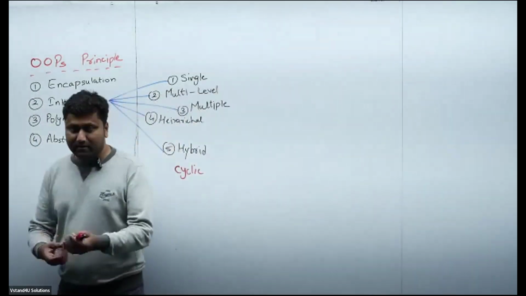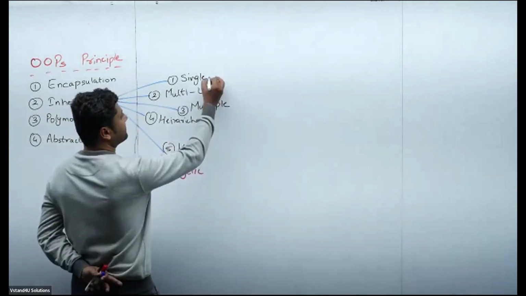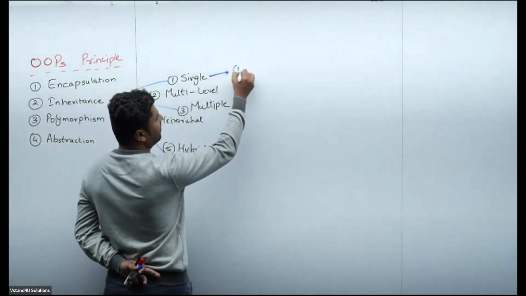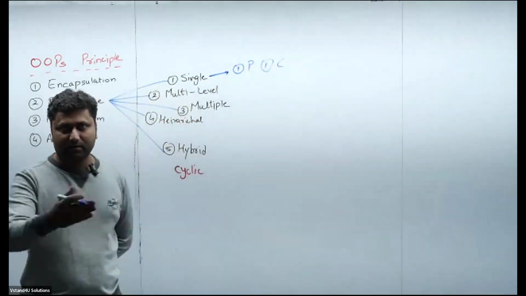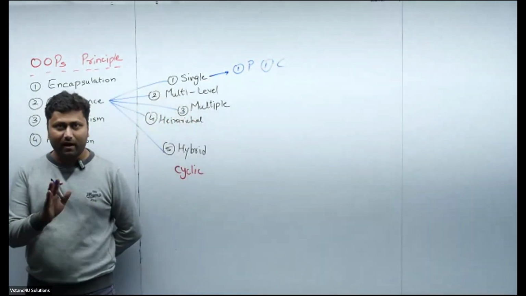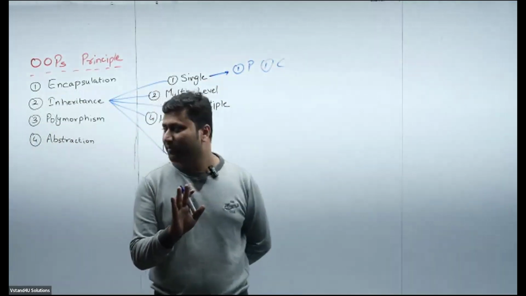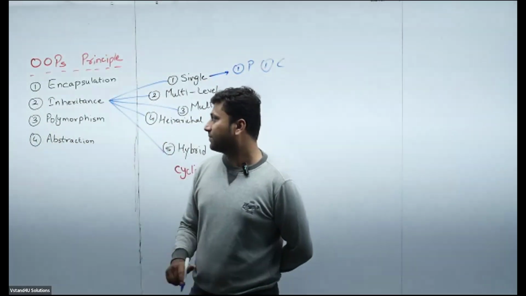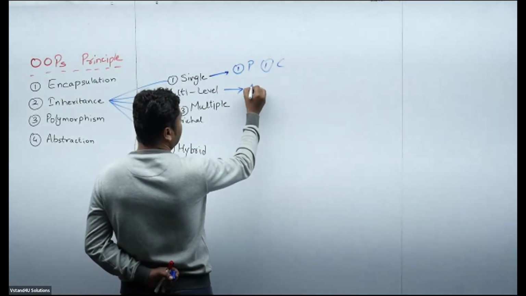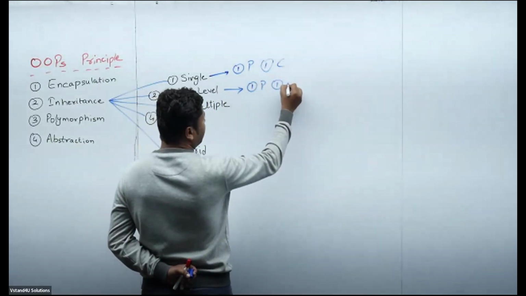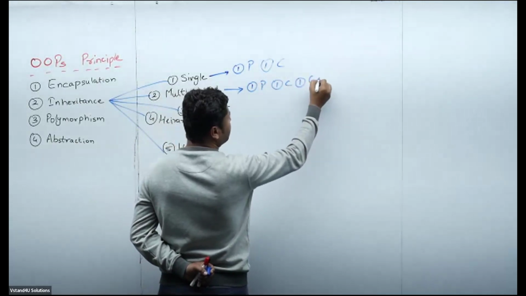Let's make progress with single inheritance means one parent, one child. Am I right? Comfortable? So one parent, one child. Multi-level means one parent has one child that further has a grandchild.